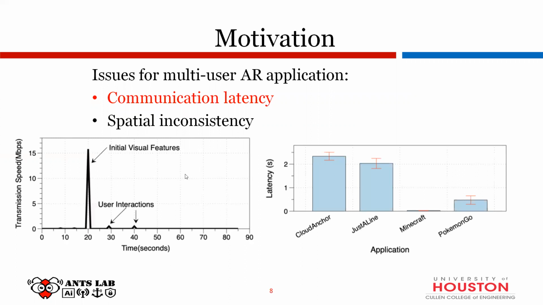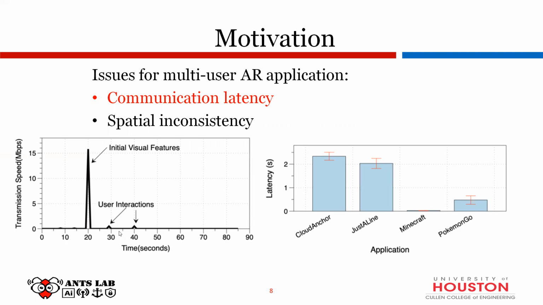As you can see, on the left graph there are the transmission speed and the time. At the 20-second mark, that is the initial visual feature, for example when I put the Spider-Man object and send this information to Bob.